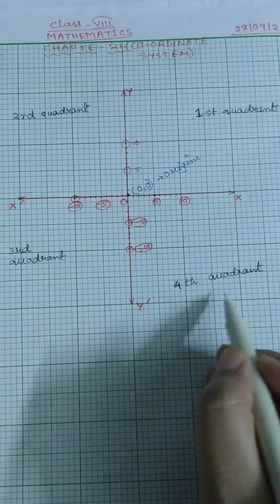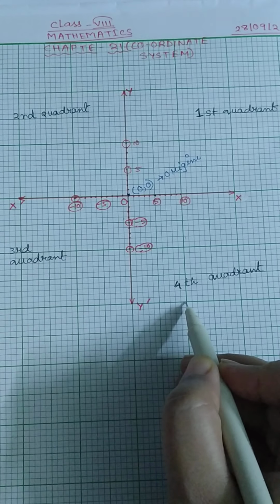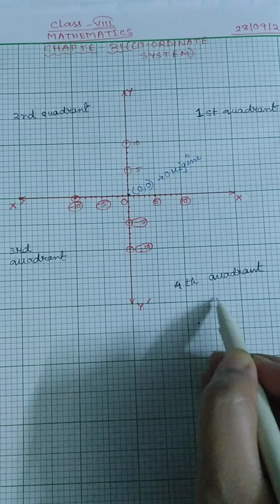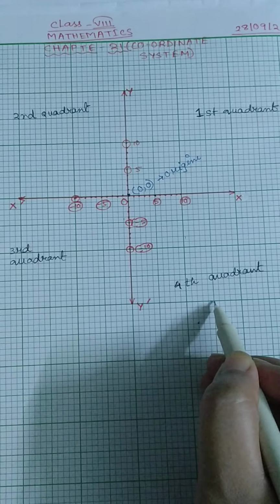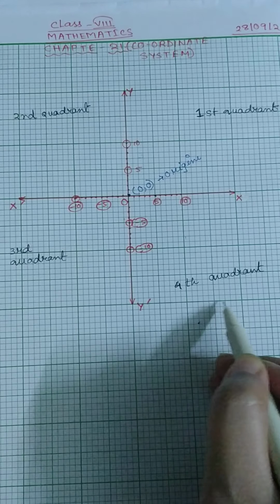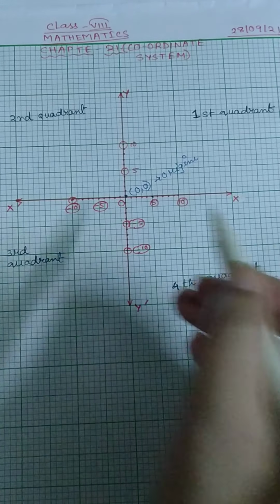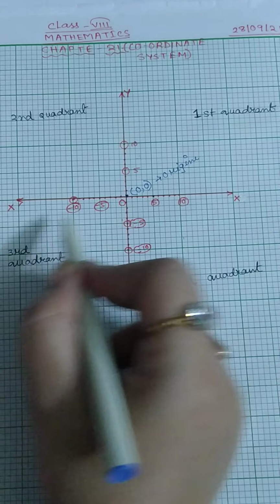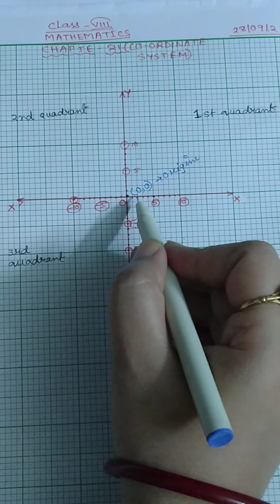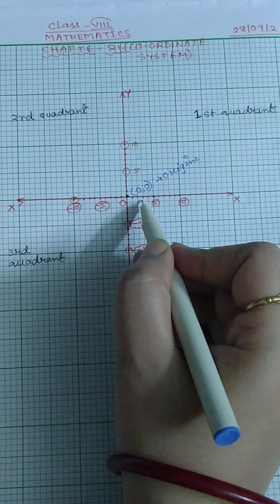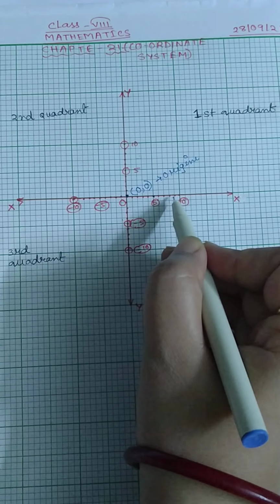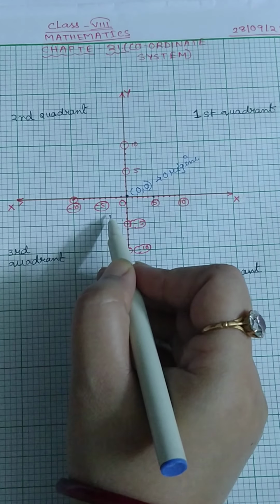If you start counting from one thick line to the next thick line, the count is 5 units, and from here to here again 5 units. So just like the number line, this is the 0 point, this is +1, +2, +3, +4, +5, +6, +7, +8, +9, +10.